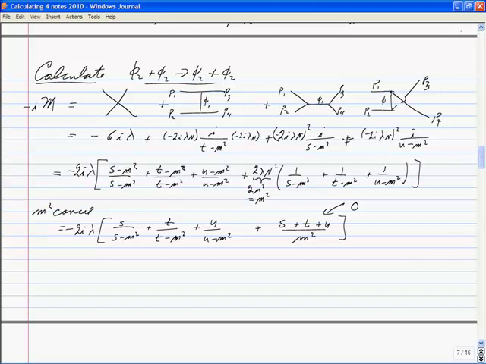So if you combine these up, here I've got s. You've got to combine these two pieces by putting a common denominator and all. Okay, I do that calculation.